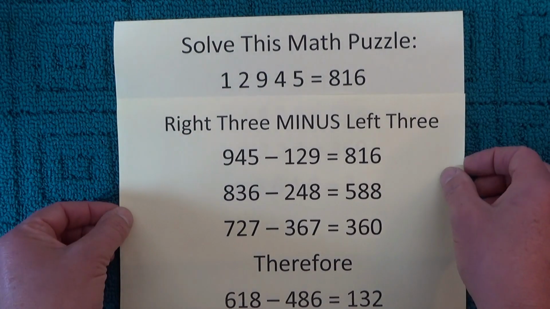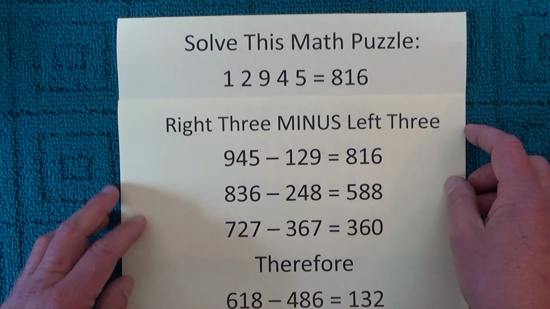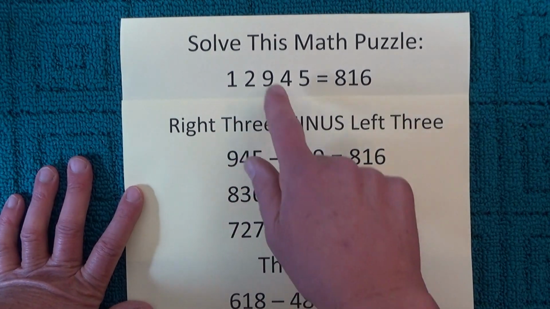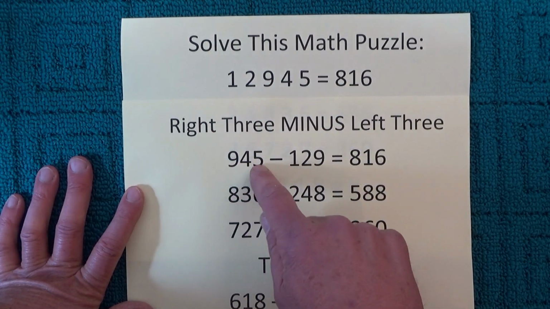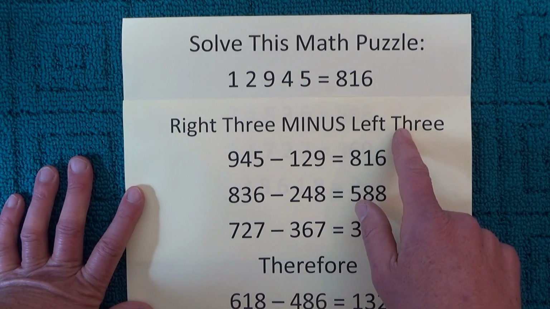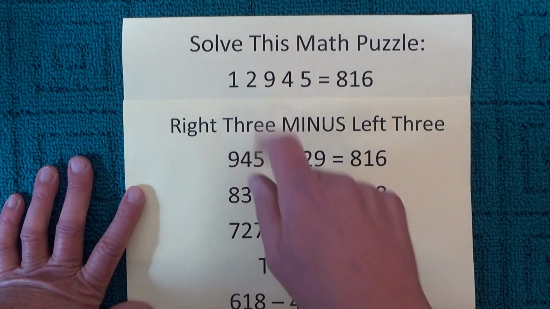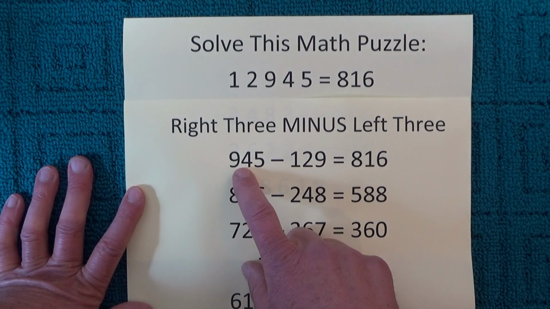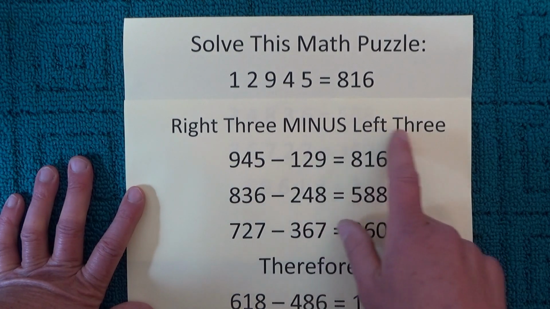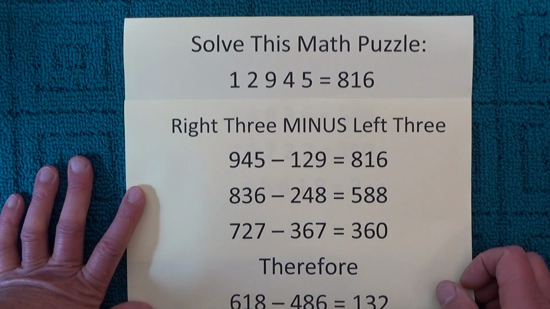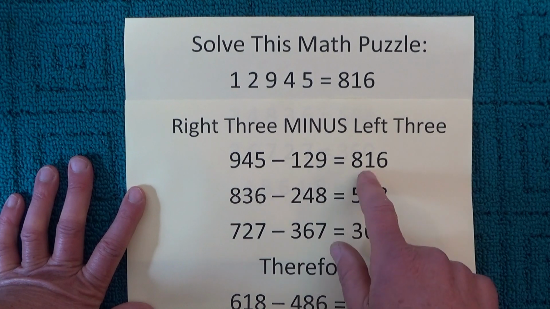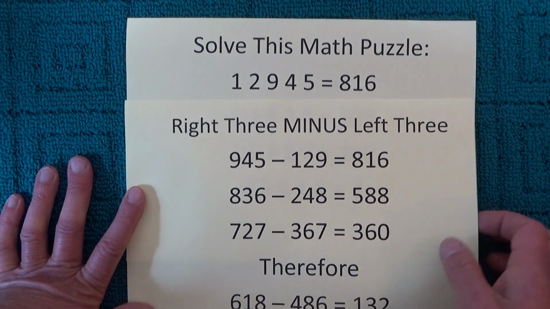And the answer then is that we take the right three numbers, 945, and then we take the left three numbers, which is 129, and then we take the right three numbers minus the left three numbers to give us the final answer. So you can see there, 945 minus 129 equals 816.